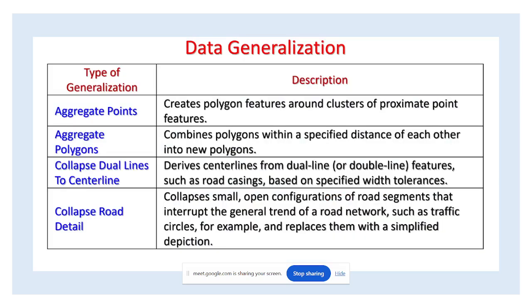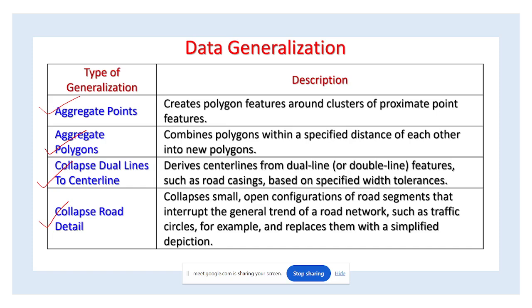So data generalization also has different types. We have aggregate points, aggregate polygons, collapse dual lines to center line, collapse road detail. Basically, aggregate points creates polygon features around clusters of proximate point features. If you have gone through the lecture, you might have seen this Thiessen polygon.